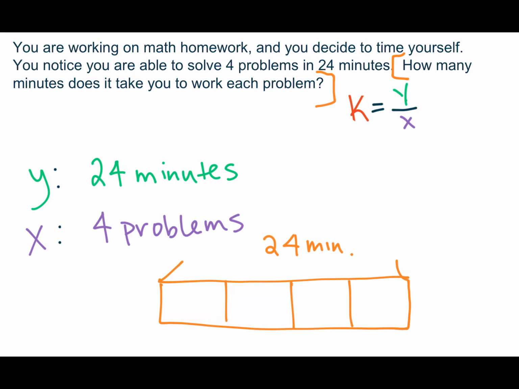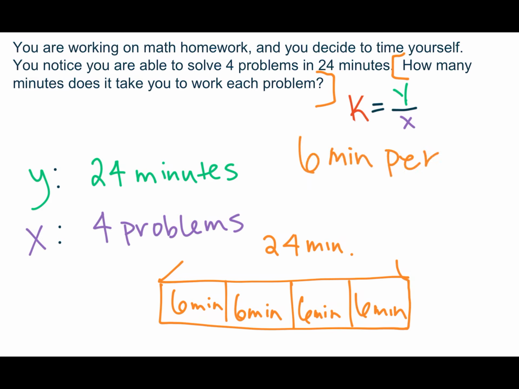So if I take 24 and divide it up into 4 different boxes, that's going to give me 6 minutes in each box, where each box represents 1 problem that I've worked. So again, we get 6 minutes per problem.